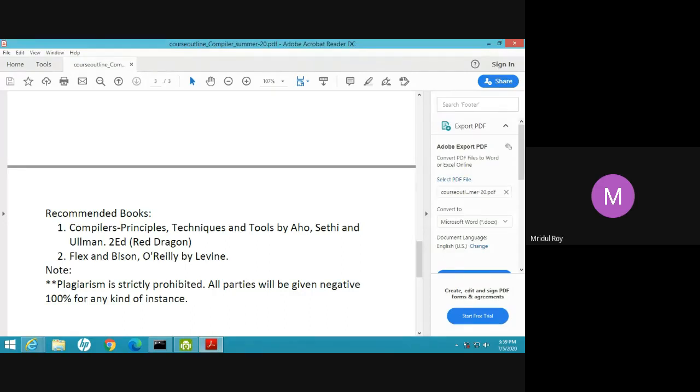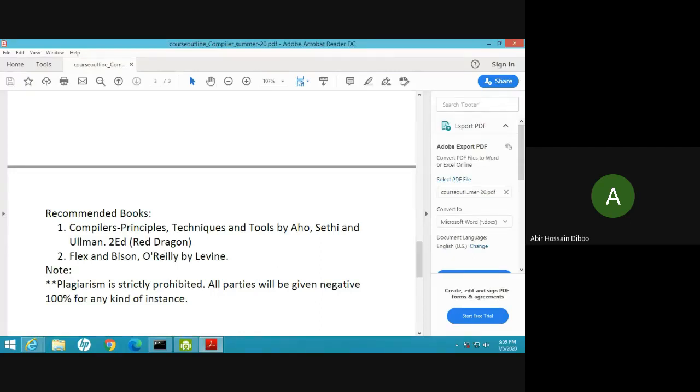There are most probably 3-4 editions of this book, but I have used the second edition. That is the most famous. That is called the Red Dragon. Do you know why it is called Red Dragon? Do you have any idea? No, sir. In the front cover of the book, there is a big picture of a red dragon.